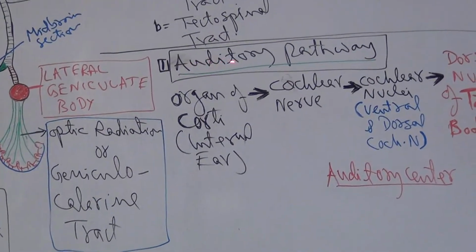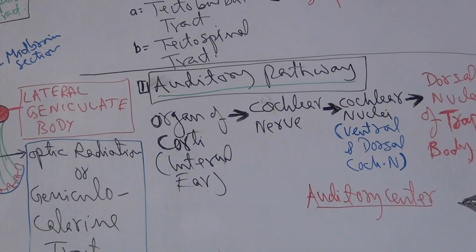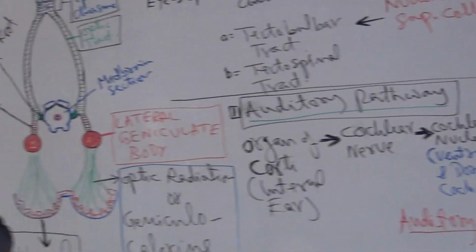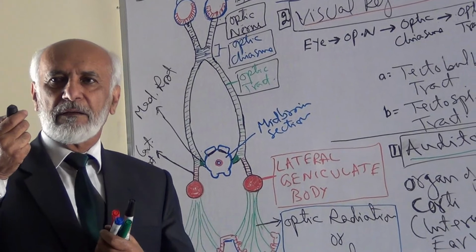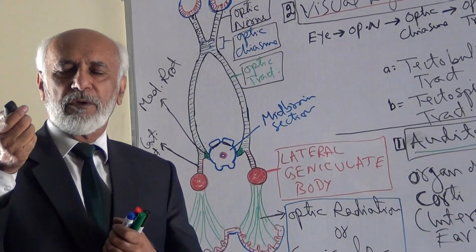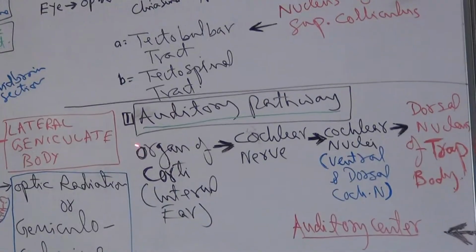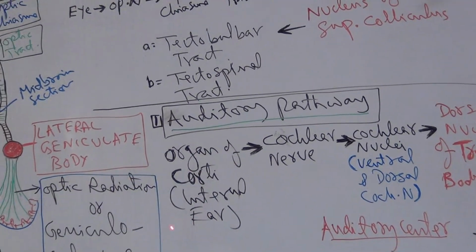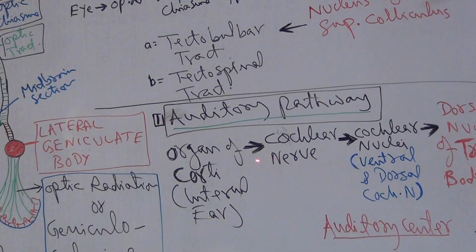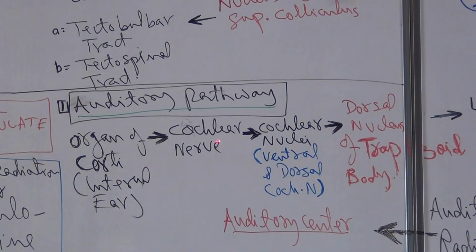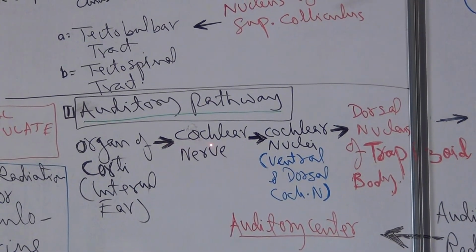We are talking about the auditory pathway, just like we discussed the visual pathway. Now you are hearing my sound. So which is the pathway? That is the organ of Corti, which is located in the internal ear. From here, the cochlear nerve, which is meant for hearing, its fibers arise.